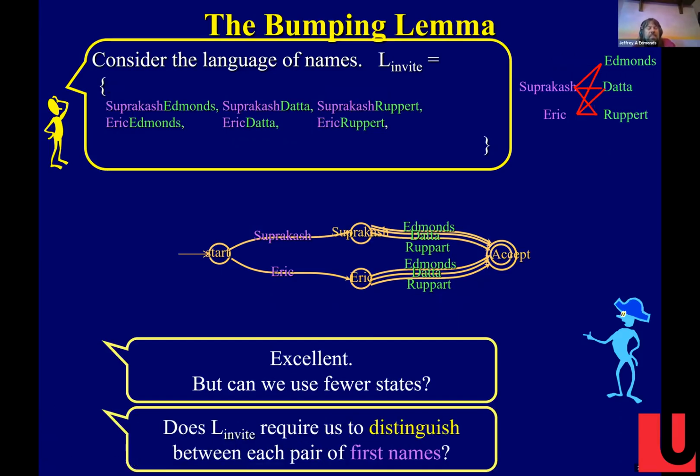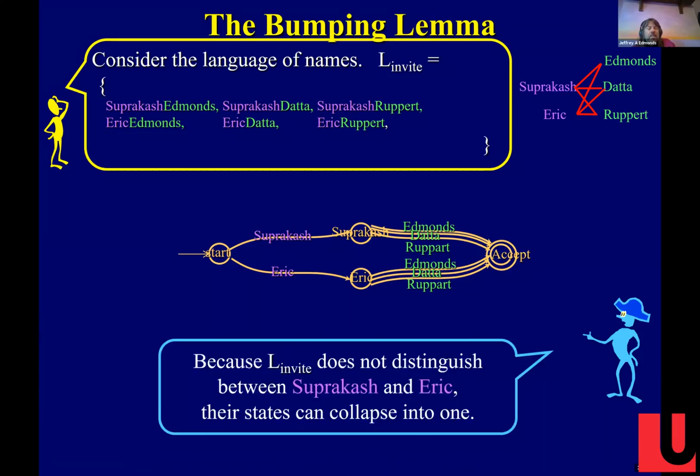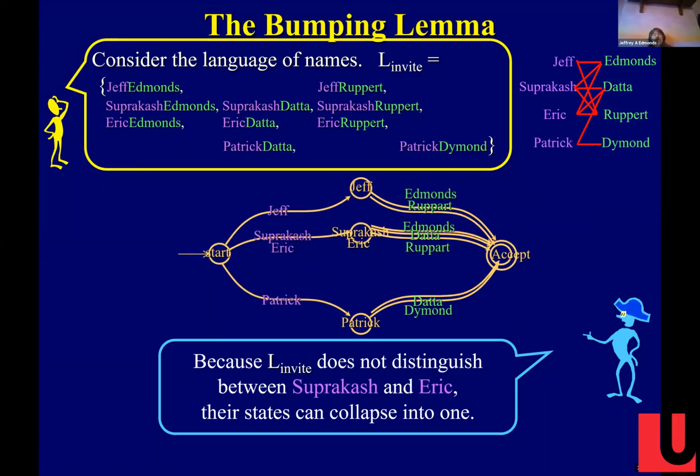So these 2 guys here, the language doesn't distinguish between Supercash and Eric, because the future depends on what you get in the future, but it's the same independent of whether you've read Supercash or Eric so far, right? So here we've made the DFA smaller, right?